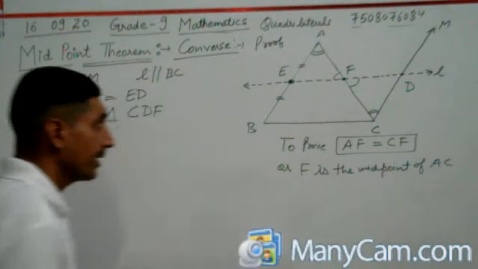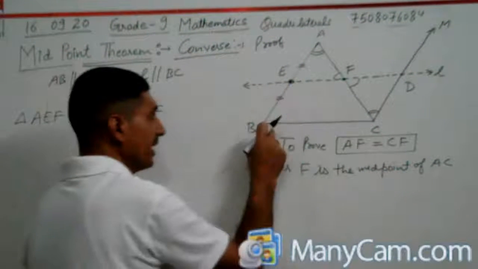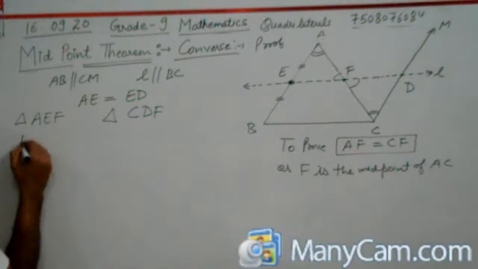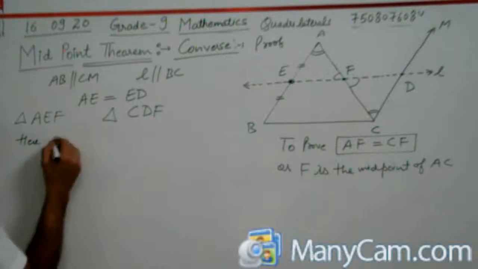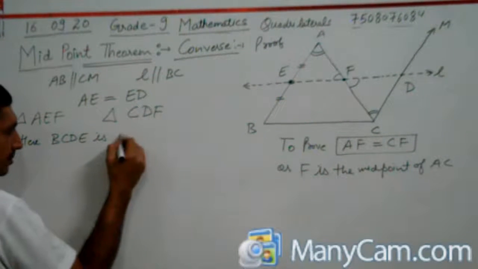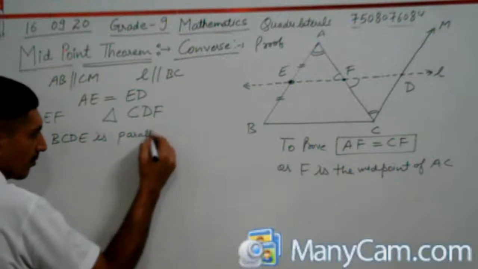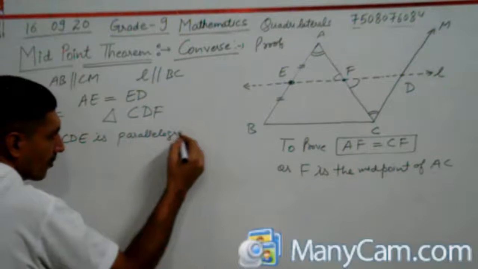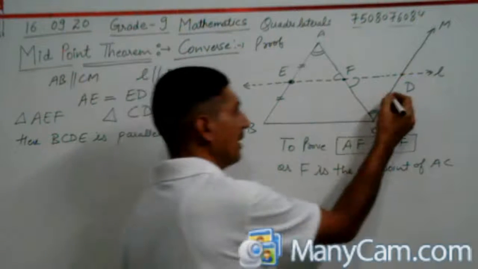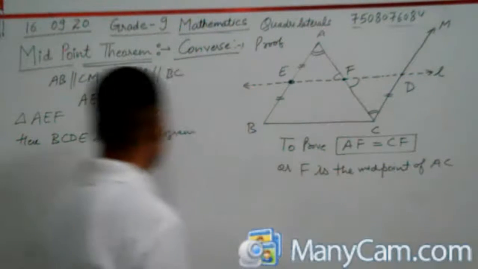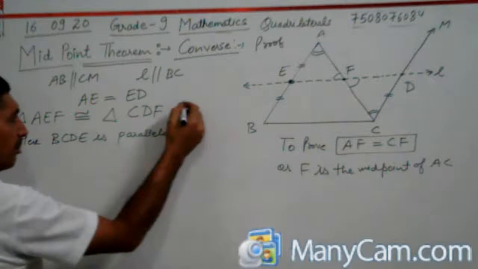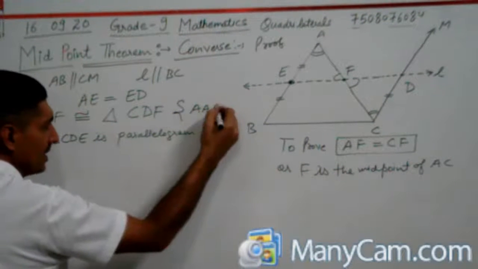Now BCDE is a parallelogram by construction. Since it is a parallelogram, the opposite sides are equal. Therefore, the triangles are congruent by the angle-side rule.